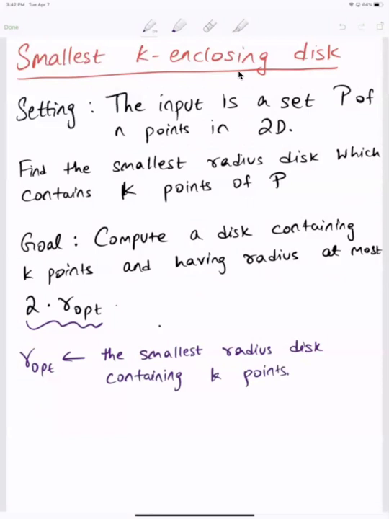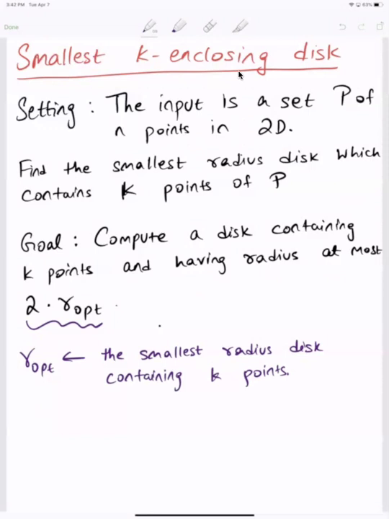So this is the optimal disk, which has radius r opt and contains k points, but we are not interested in computing this smallest radius disk. Instead, we are saying report any disk which contains k points, but its radius should be at most twice the radius of the optimal disk. So this will be a 2 approximate algorithm, right?